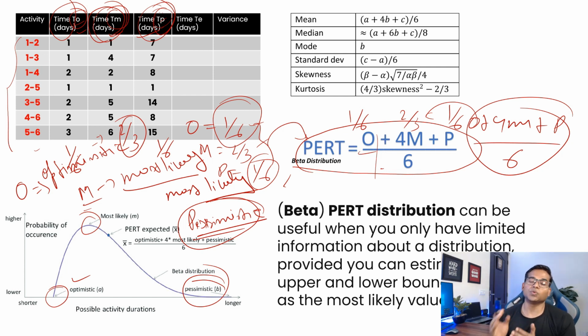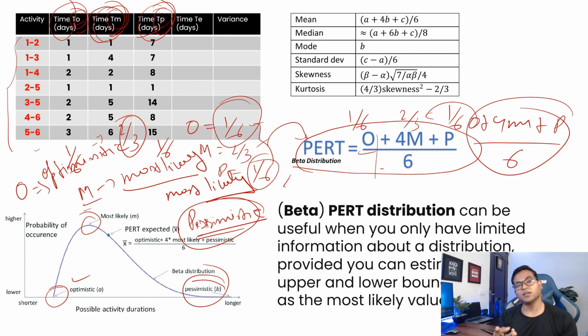So this is what your beta distribution is. We are not going to go into detail on how we derive this formula. You can check on the internet, there is very detailed information available. But just remember one thing: beta distribution is used when you don't know exactly what your distribution is, but you know the maximum, the minimum, and the most likely.